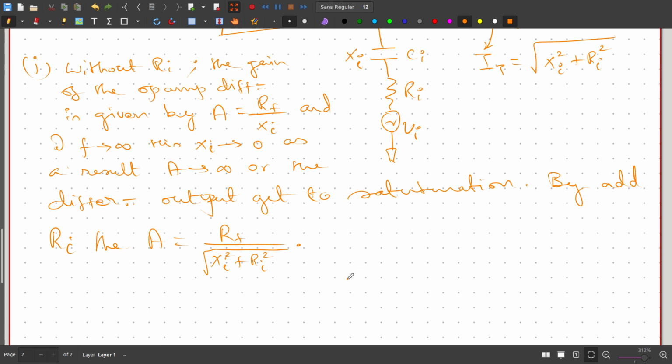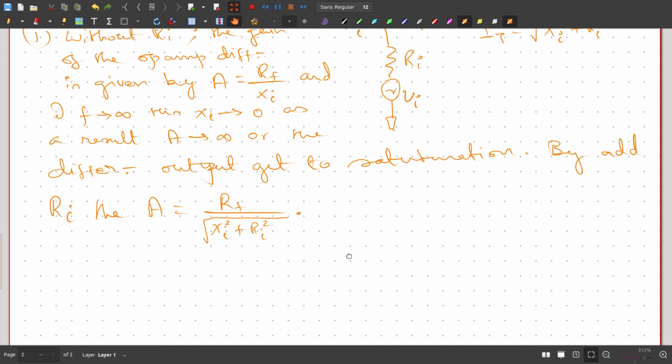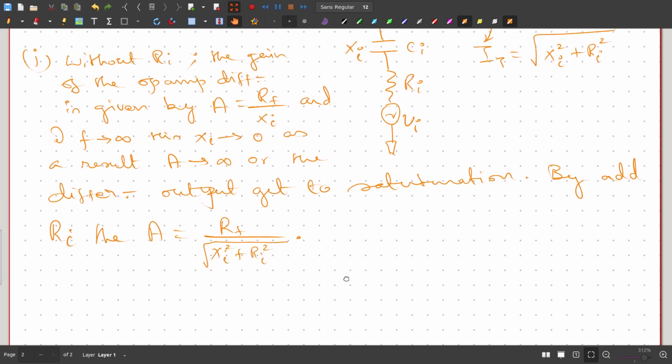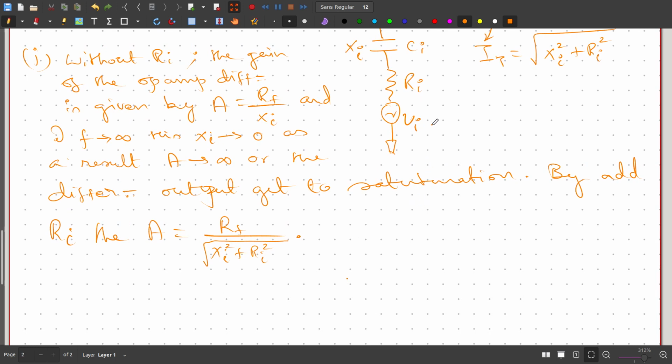So there is another problem, which is high frequency input noise.